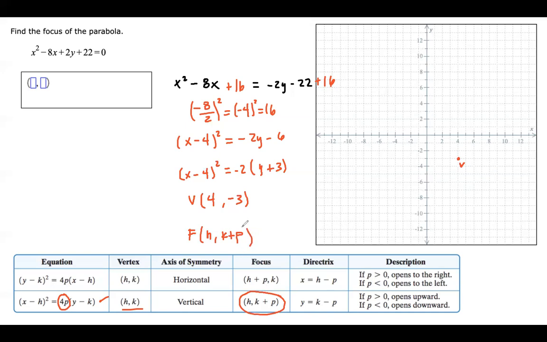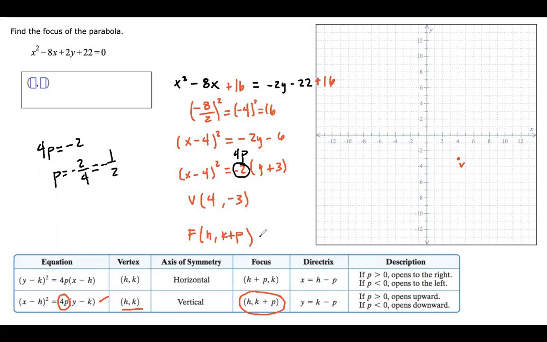We're missing p, but as you know, this right here is 4 times p. So if 4 times p equals minus 2, p will be equal to minus 2 over 4, and we can simplify it as minus 1/2.